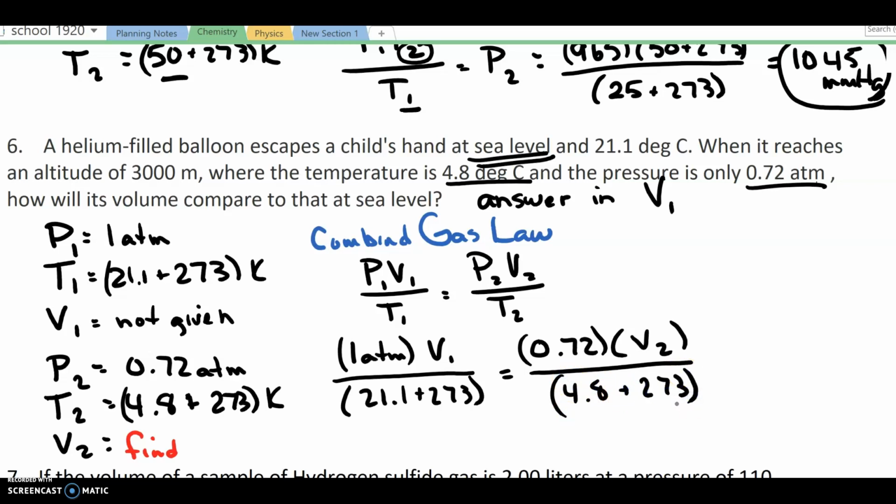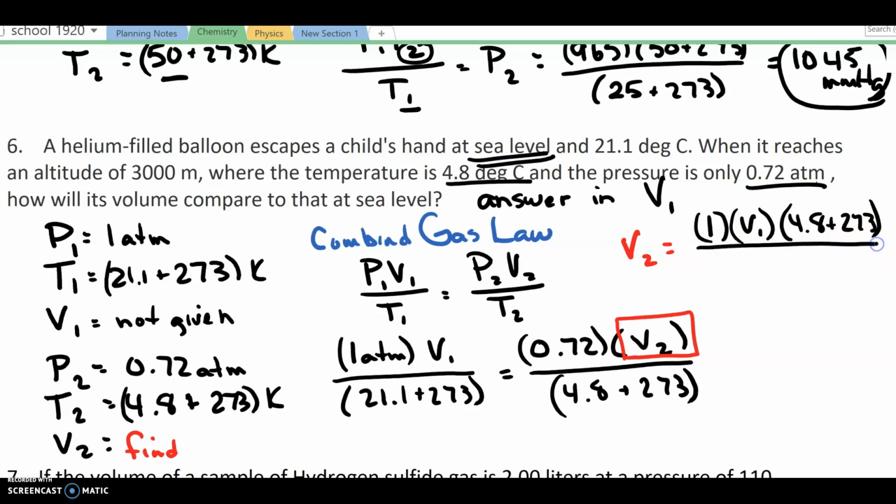All right. So, doing some algebra here, I want to isolate V1. I'm sorry, I want to isolate V2. I want to find what V2 is equal to. And so that's going to be equal to 1 times V1 times 4.8 plus 273, whatever that is, and divided by 21.1 plus 273.